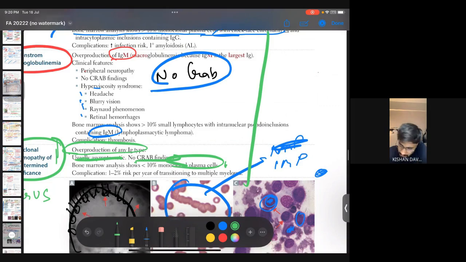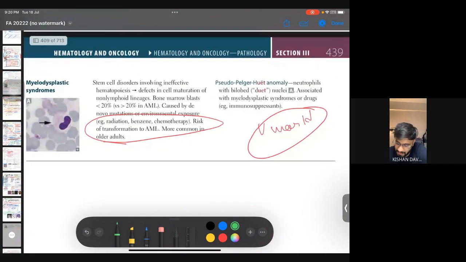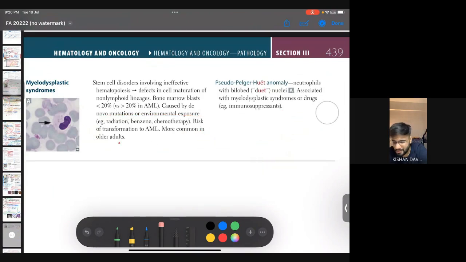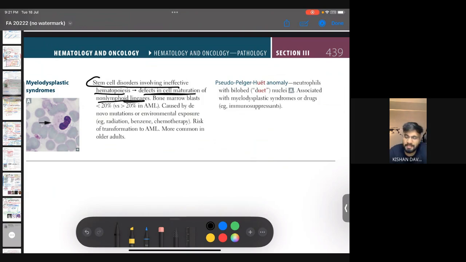Moving ahead, myelodysplastic syndrome. One question was there in UWorld, but in NBME there wasn't any question. Let's see what the problem is here. These are stem cell disorders involving ineffective hematopoiesis, so maturation is not happening in the non-lymphoid lineage. Non-lymphoid means B cells and T cells are normal. In all the other cell types, neutrophil, eosinophil, basophil, maturation is not happening.